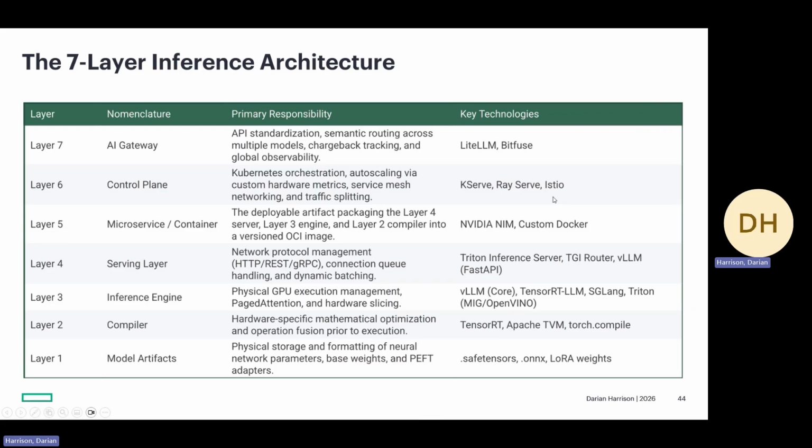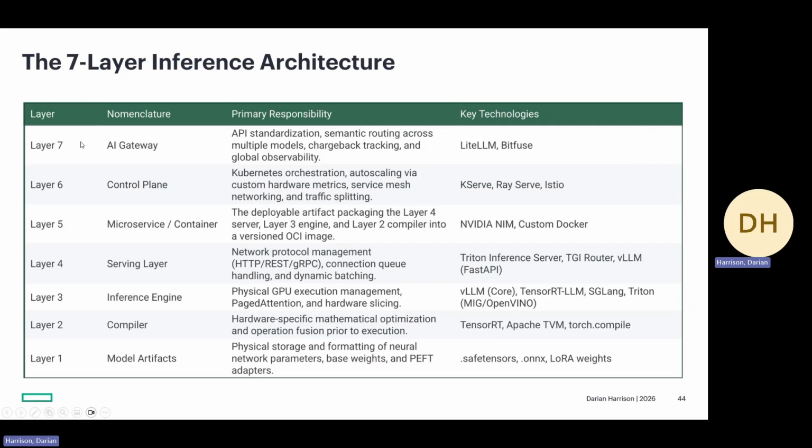Maybe you can have some network policies in there about network traffic routing. And Ray Serve is very common if you're deploying multi-GPU, multi-node models. This is mainly for the control plane.